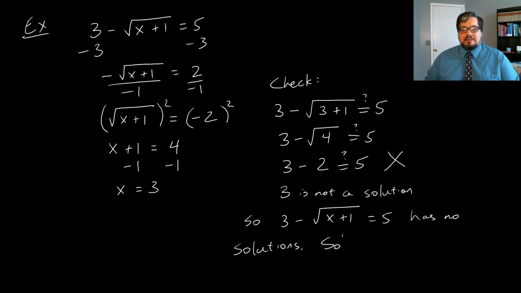And we write that the solution set is the empty set. That is the set containing no elements. There's nothing you could possibly put into this equation that would give you a true statement out of it.